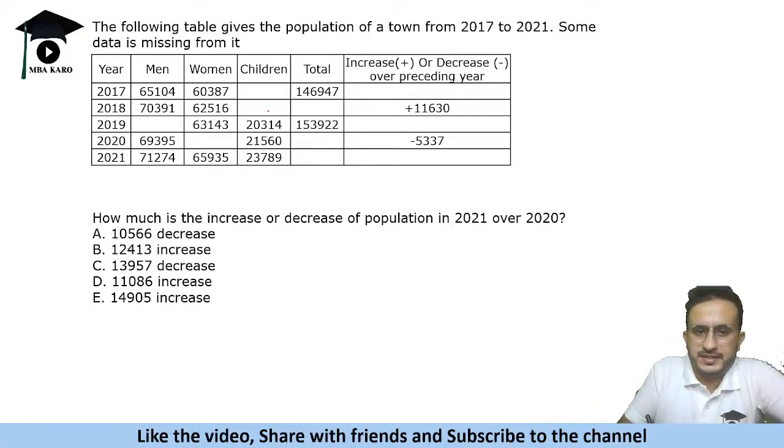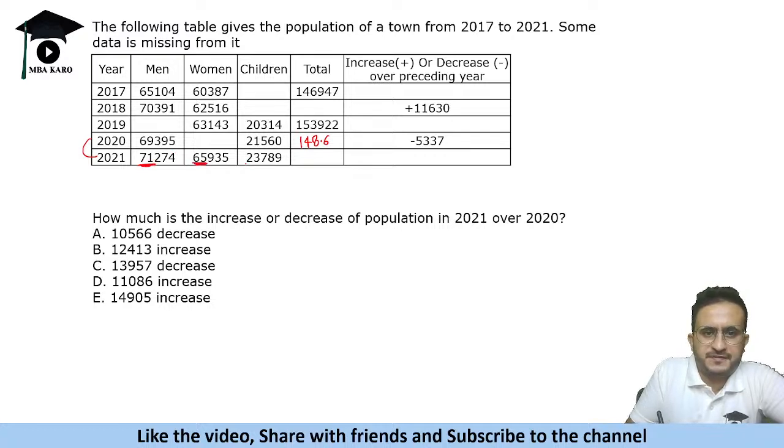Okay, see this thing. 2020 to 2021 we have to find the change, right? So in the previous question we found that it was 148.6, right? Or if you take 148 also it will work. Now this is 71, 65 and 23. So let us take it 71 only. Let's make it 66 and let's make it 24. Why did we make it 24? Because it is 700, so 800 we can convert to 1000. This is also almost 66. The 274 that was there will be compensated somewhere.